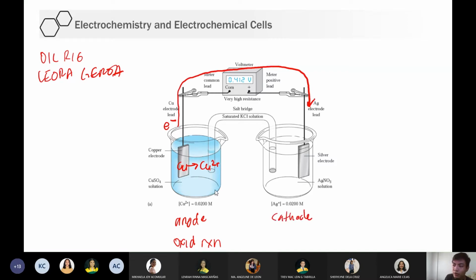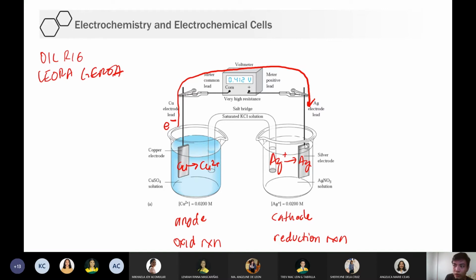So yung electron na nilabas na ito, mapupunta sa kabila, dito sa cathode, wherein dun mangyayari yung reduction reaction. So in this particular example, we have silver. Mangyayari doon, when you provide electrons, the silver will be reduced to silver metal. Okay? So ganito yung ginagawa sa copper coating.